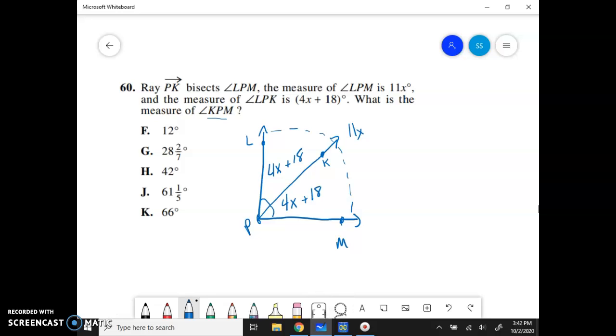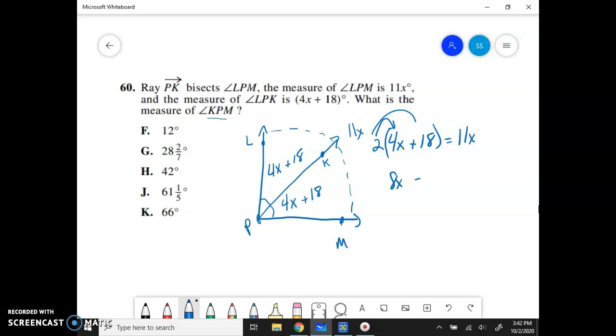So now to set this up, we're just going to do 4x plus 18 plus 4x plus 18, or we could even do 4x plus 18 times 2, that would be another way to write it, is equal to 11x. And then I could just distribute this. I just multiply it out.